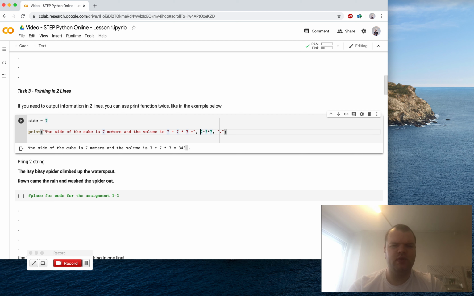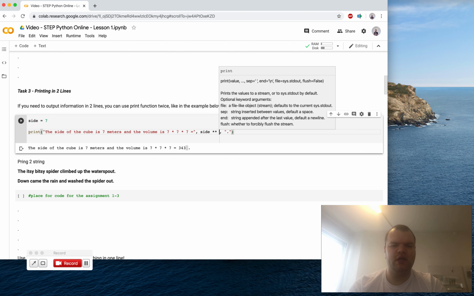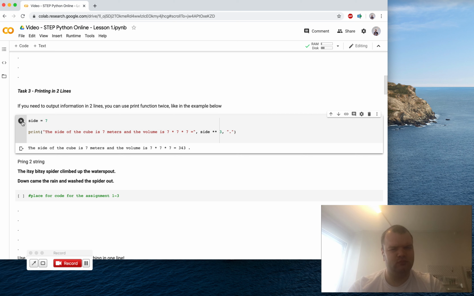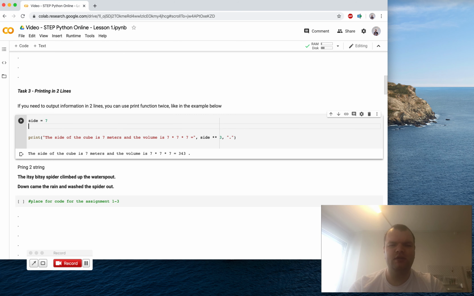And instead of this one, we will have side to the power of 3. And now, for example, if we change the value of side, so side equals 3, it will still say 7. 7 times 7 equals 27, because we changed this variable, we haven't changed this one.